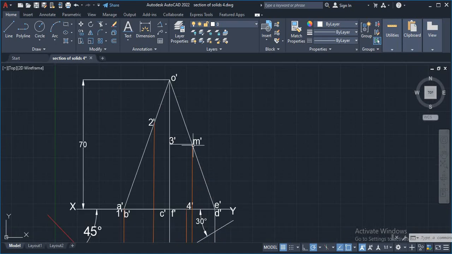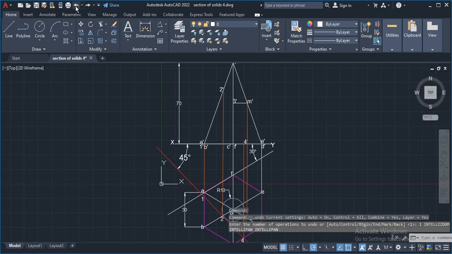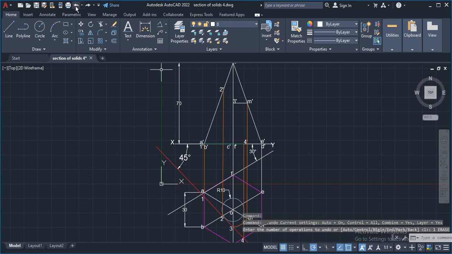It will meet here. Mark the point as M dash. From M dash, draw a horizontal line towards C dash O dash. It will meet the vertical line at one point. Mark the point as 3 dash. Now join the points 1 dash 4 dash, 4 dash 3 dash, 3 dash 2 dash, and 2 dash 1 dash. So this is the section.